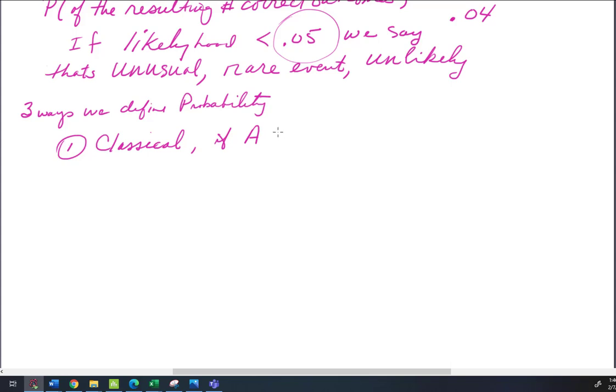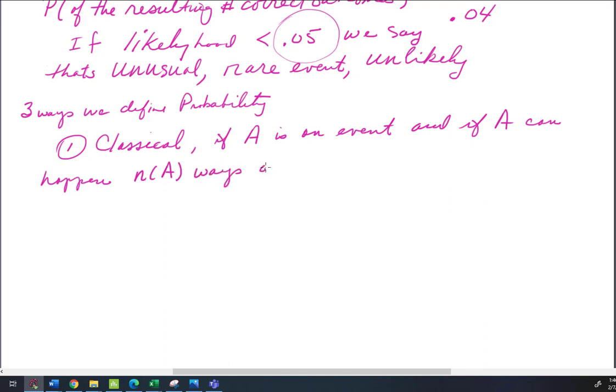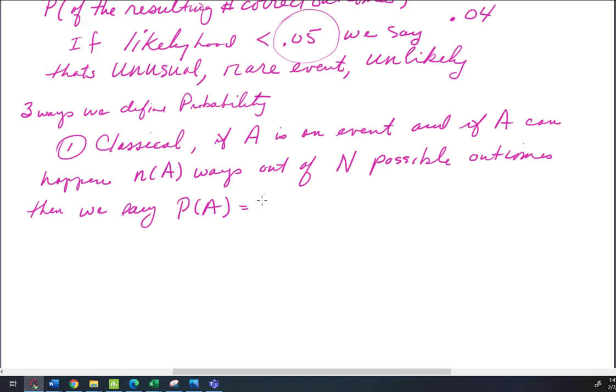So if A is an event, and if A can happen N of A ways out of, say, capital N possible outcomes, then we say the probability of A is N of A over N.